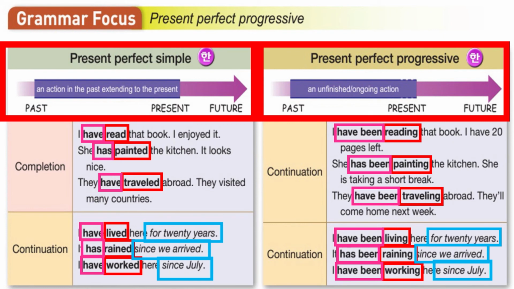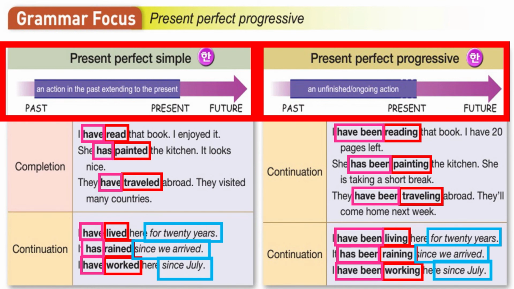This unit has used the present perfect. The present perfect is split into the present perfect simple and the present perfect progressive. Present perfect simple, you've got the verb in ed, preceded by the auxiliary have or has, depending upon the subject. And if there's continuation, you can use expressions like for 20 years or since we started something.